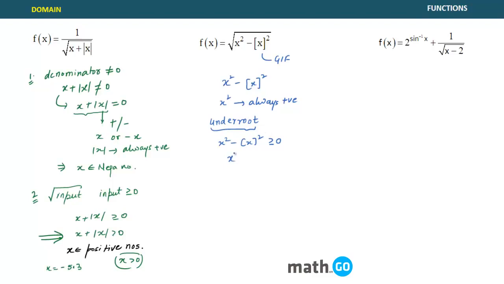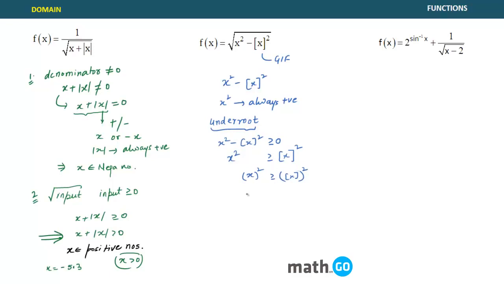So that means you want to check when is x square greater than or equal to its GIF component's square, right? Also remember that this square is not inside, it is outside the GIF, very important. So you are checking x square is greater than or equal to the GIF first, and then the square.